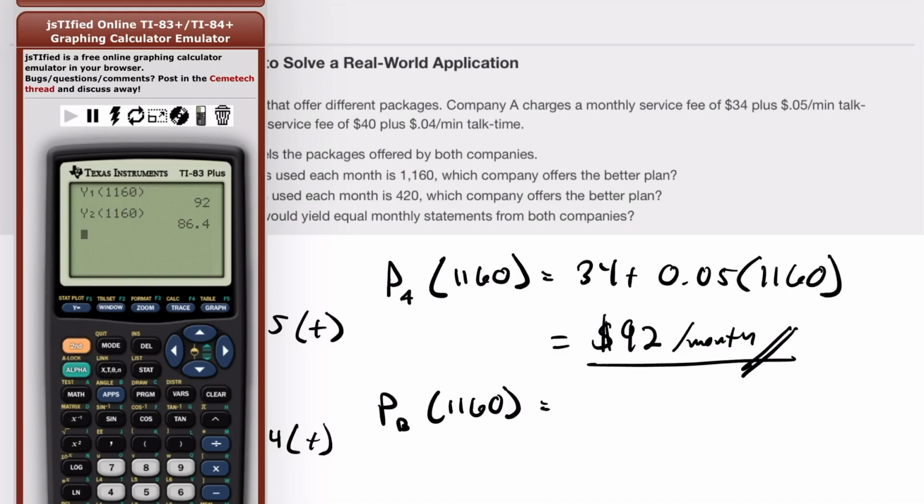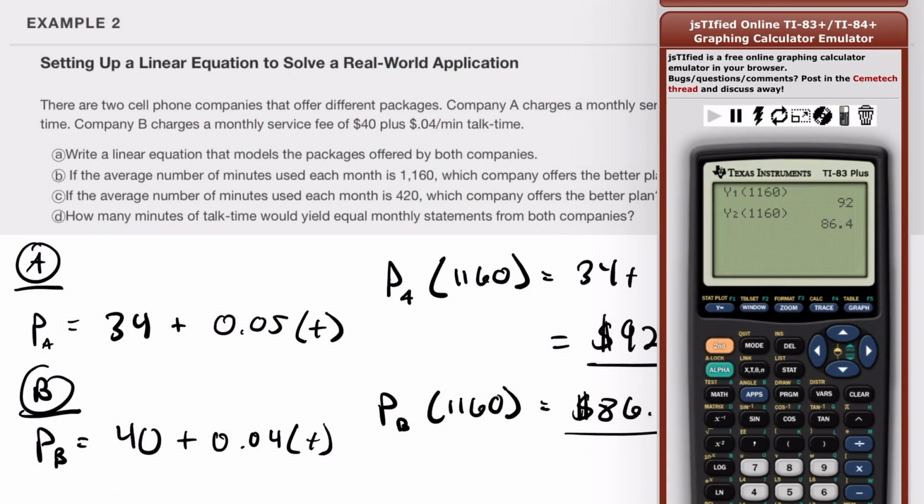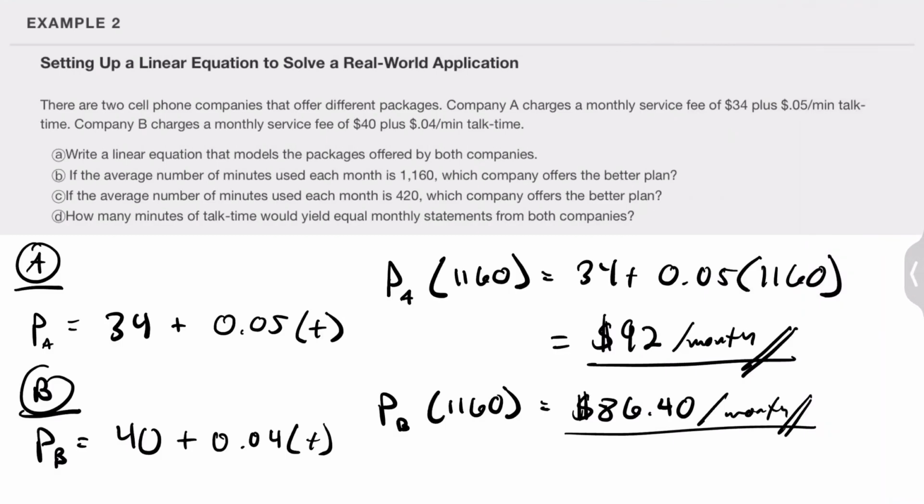Looks like it's $86.04 and 40 cents, okay, per month. So with those number of minutes used, it looks like company B has the better rate.